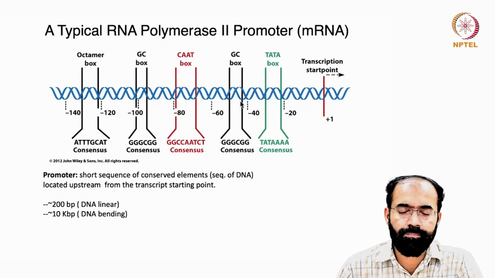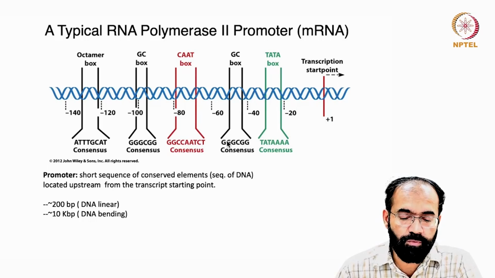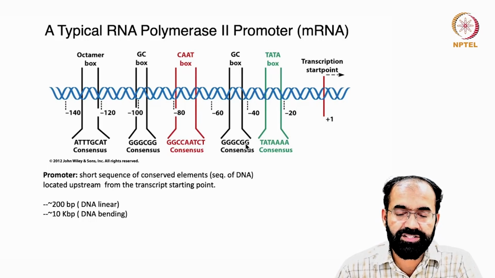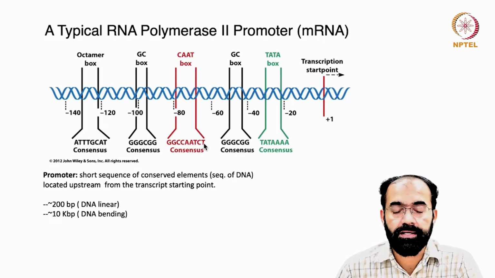Much upstream, around the -40 region, you have a GC box which has a sequence of GGGCGG. That is the consensus. Much upstream of that, you have the CAT box, and it has a consensus of GGCCAATCT.